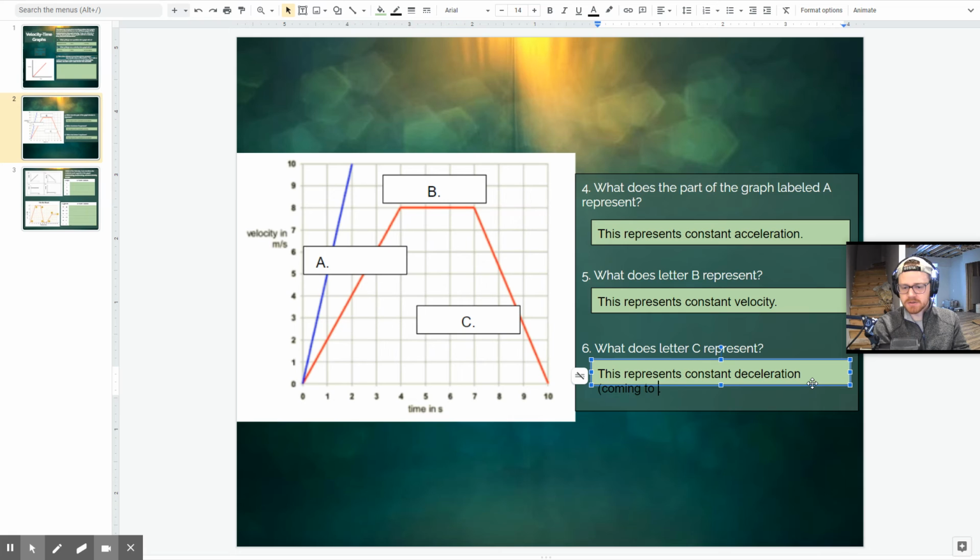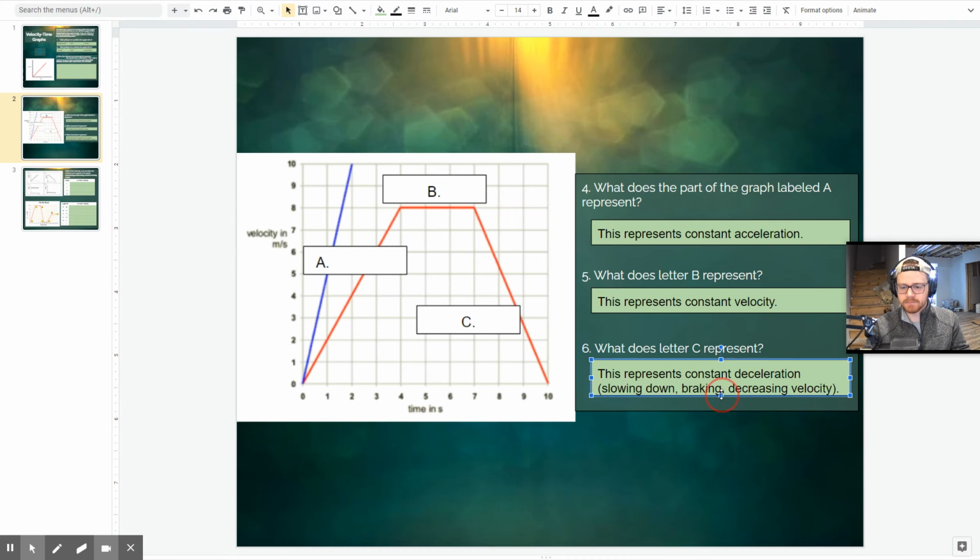We are slowing down. This would be braking, if you're in a car or on a bicycle: slowing down, braking, decreasing velocity ultimately is what we're doing here.